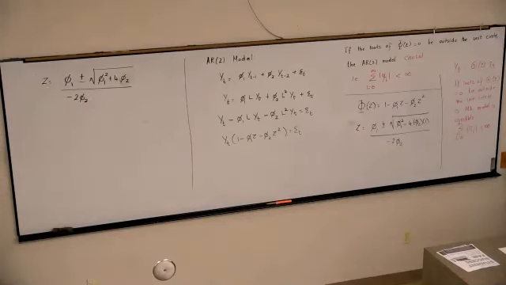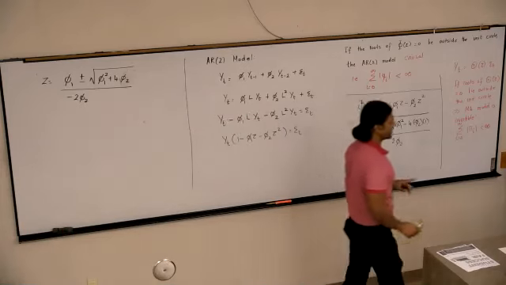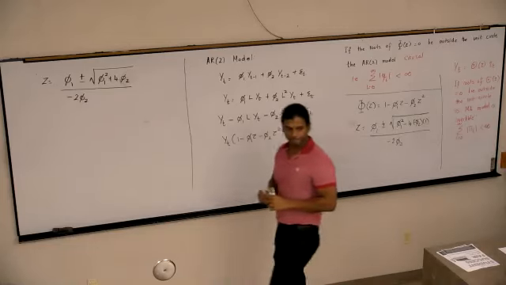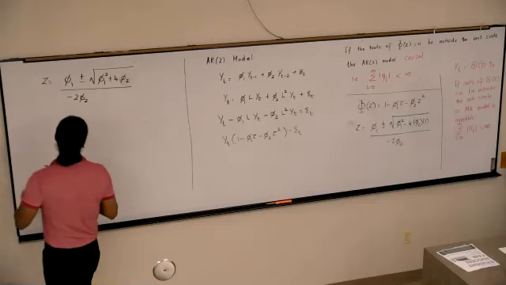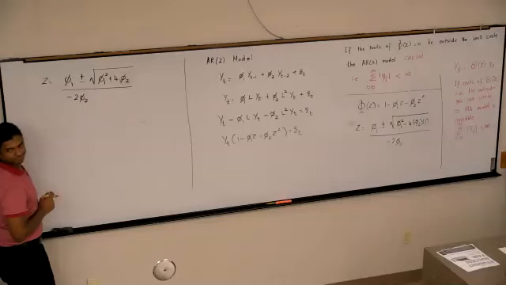Good. So what is going to determine if we are going to have real roots or imaginary roots? Whatever phi 2 is, or it's whatever is under the square root if it's negative.